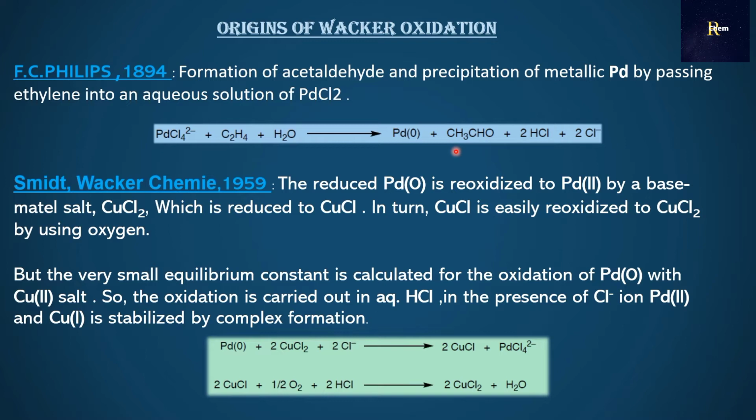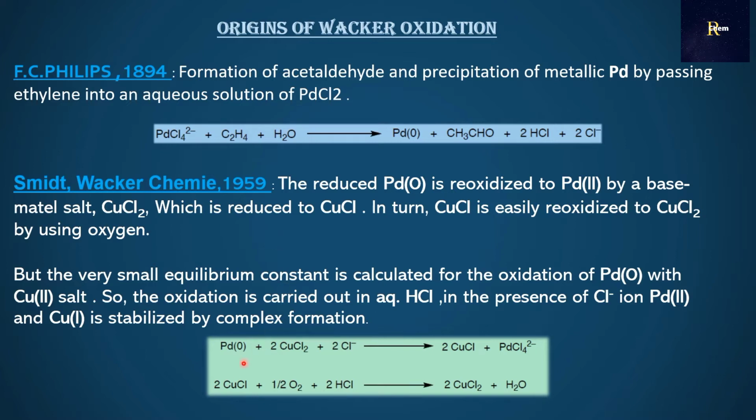But after 1959, Smith and Wacker reported that the reduced platinum 0 is reoxidized to platinum 2 plus by the base metal salt CuCl2, which is reduced to CuCl, and the CuCl is easily reoxidized to CuCl2 by using oxygen.